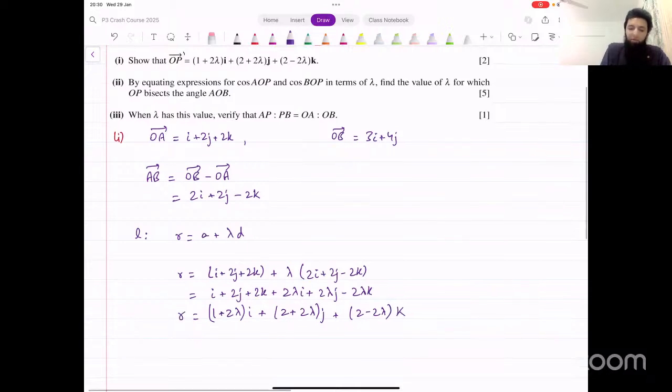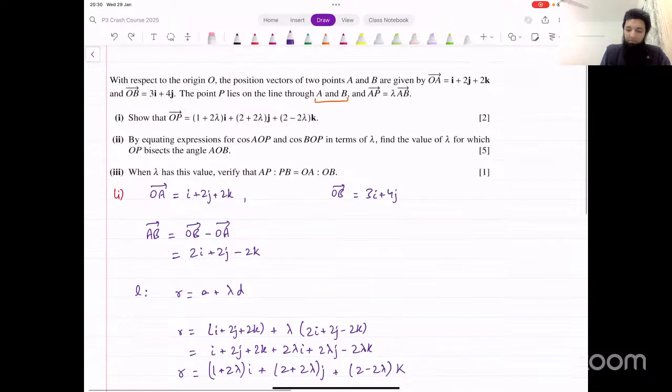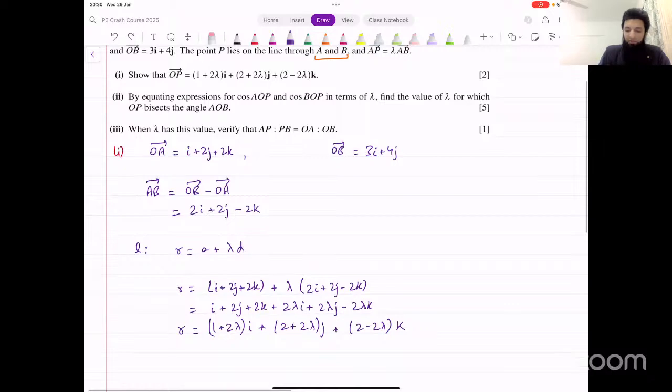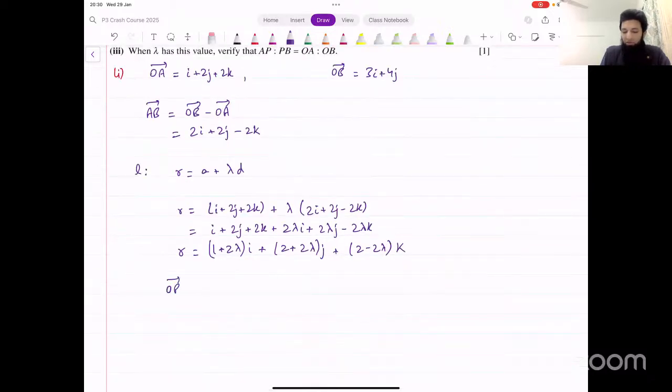And since the point P lies on this line, that means it should satisfy the equation of the line. So OP is also going to be of the same form. It will be 1 plus 2 lambda times i plus 2 plus 2 lambda times j plus 2 minus 2 lambda times k.